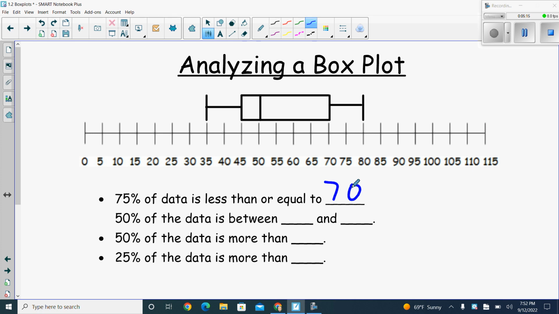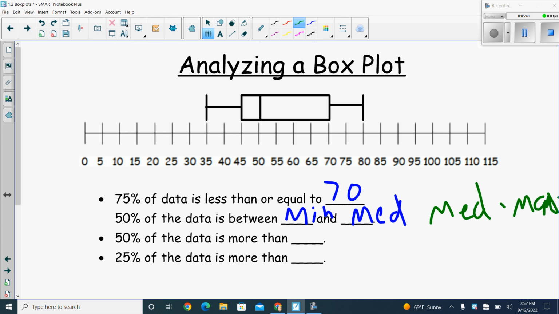You could say the min up to the median. Or you could say the median to the maximum.